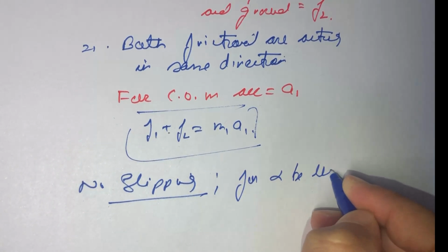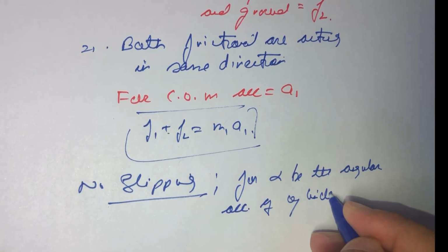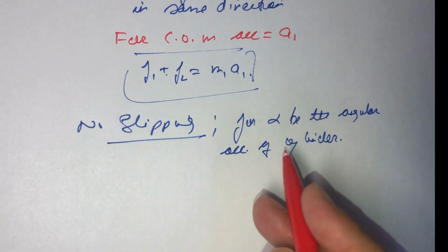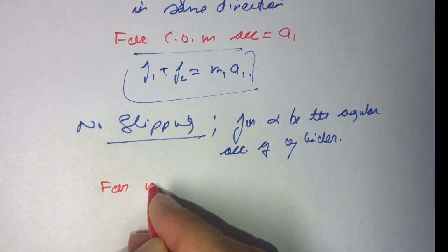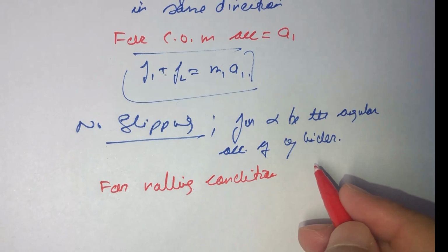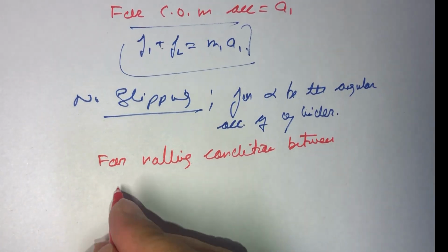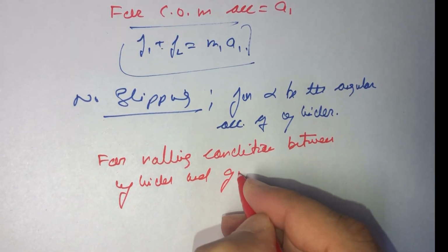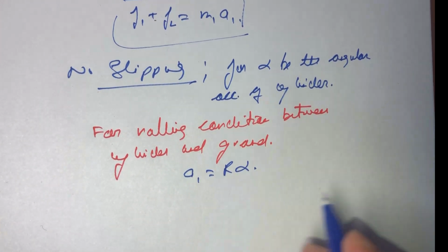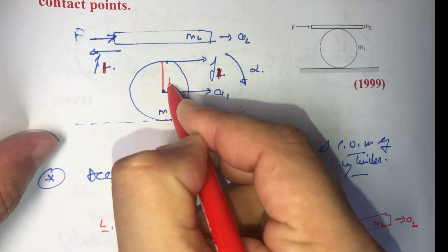For the rolling condition between the cylinder and the ground, we can write the relationship a1 equal to R multiplied by alpha, where R is the radius of the cylinder.